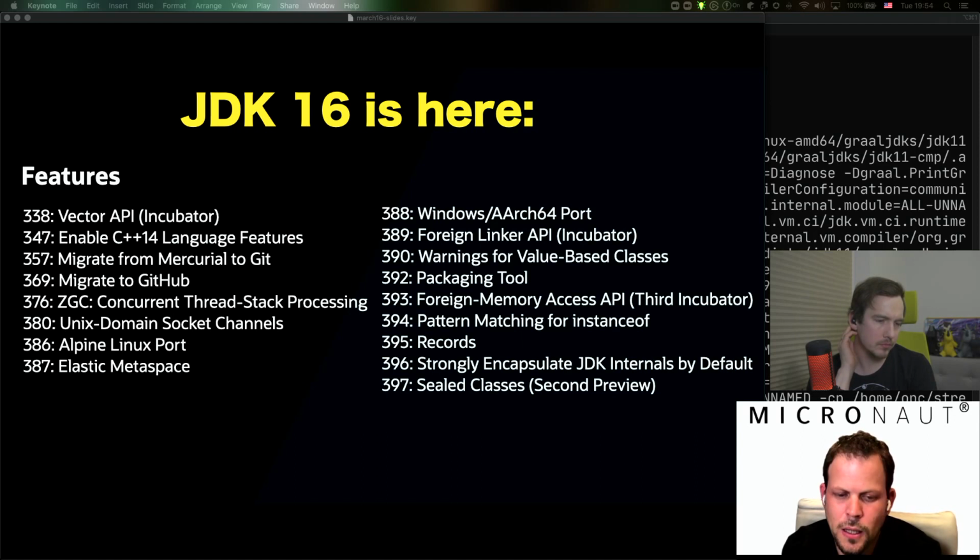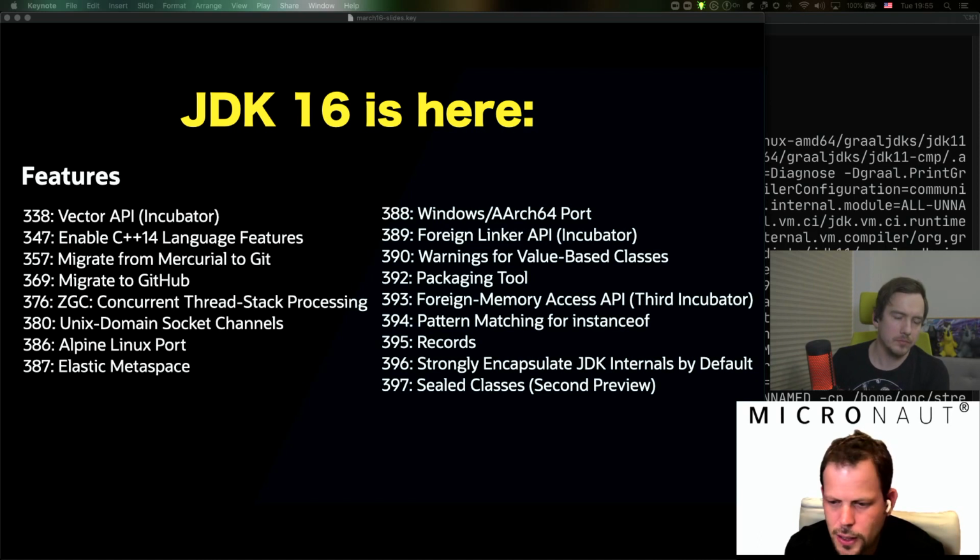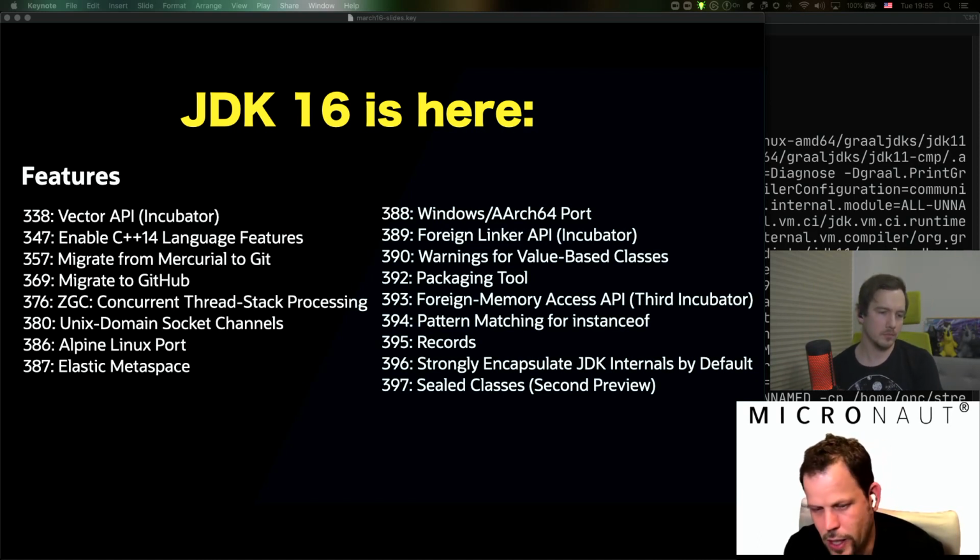And beyond that, the foreign memory access API, I think it's an incubator in this release, but I think it has big significance. Previously Netty and libraries like it have been using Unsafe and so forth, which is clearly in the com.sun package.